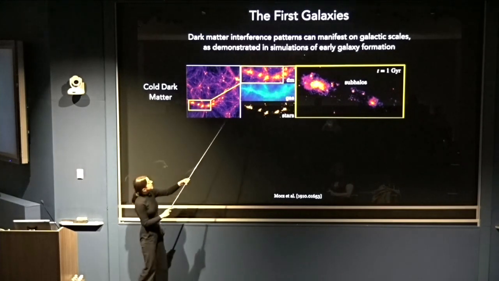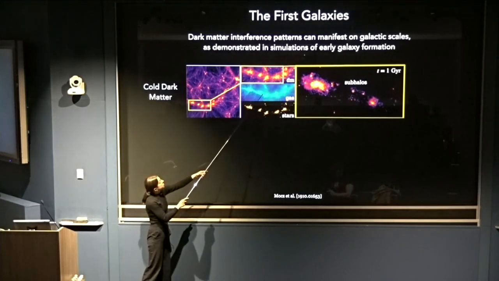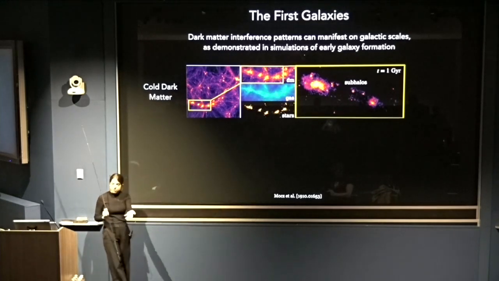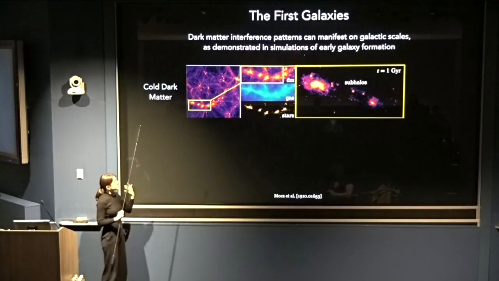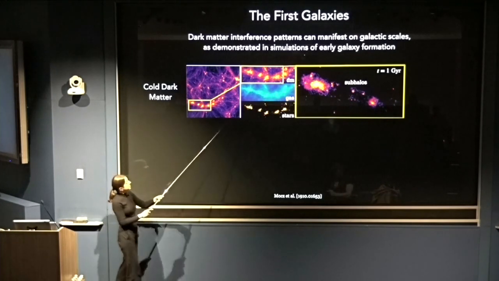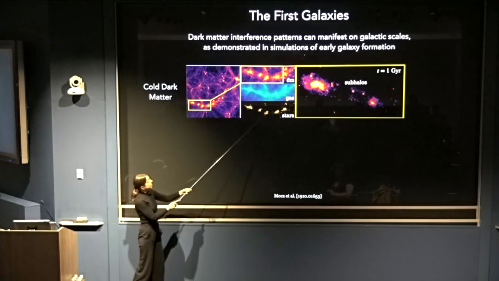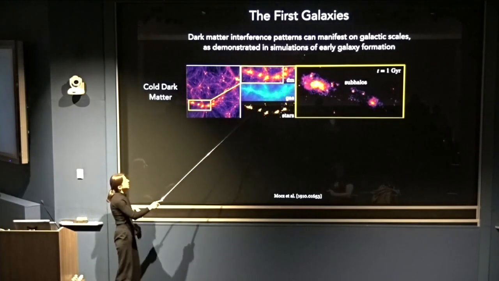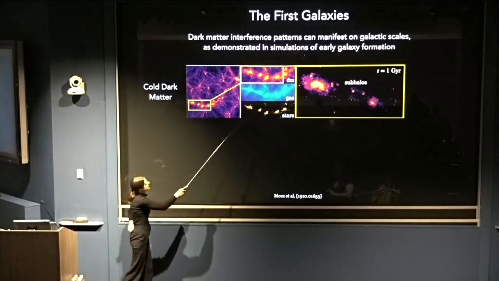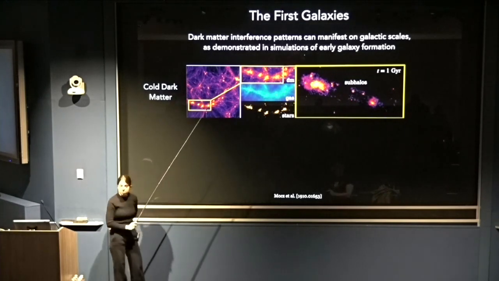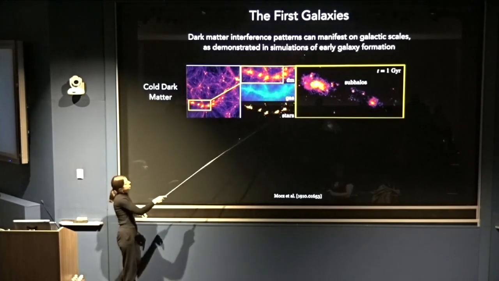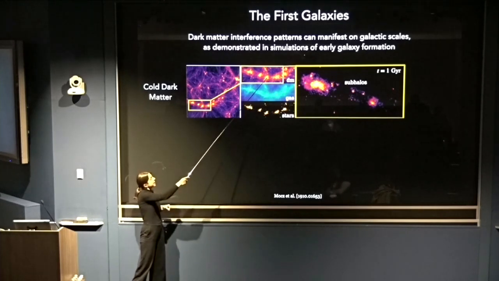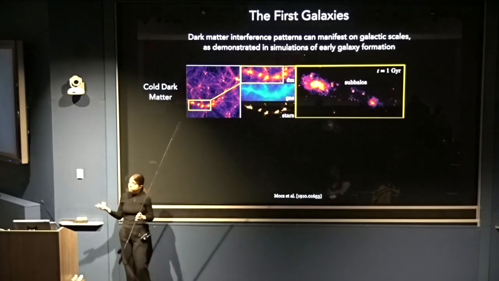So if you look at the gas, it's again concentrated where you see the dark matter being concentrated. And high density gas is where you form stars. So here's the corresponding stellar distribution. If you were to make an observation of this, what you'd actually be seeing is the gas and the stars. You would never see the dark matter. But the structures that you see in those observations are predicated on how the dark matter itself had clustered.